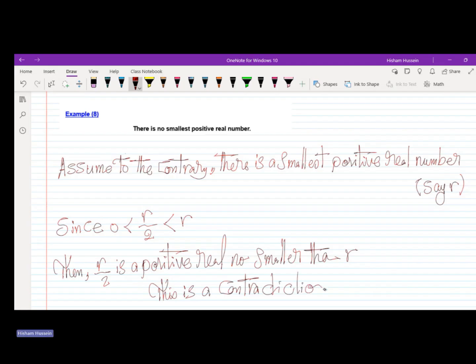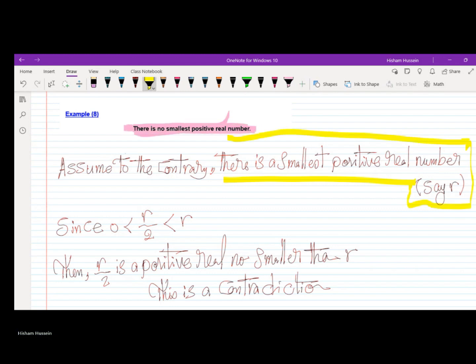As this is a contradiction, this means that the original statement without the contrary is right. So this proves the statement, and the contrary statement is wrong.